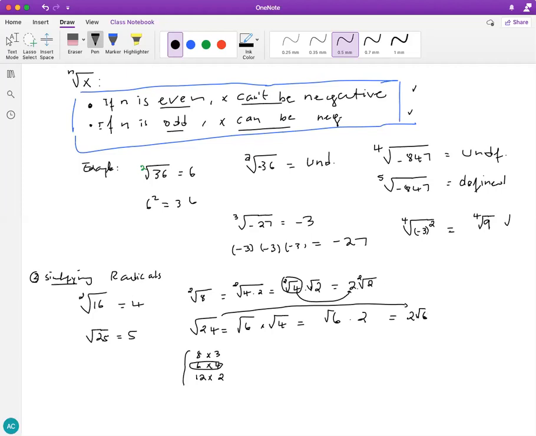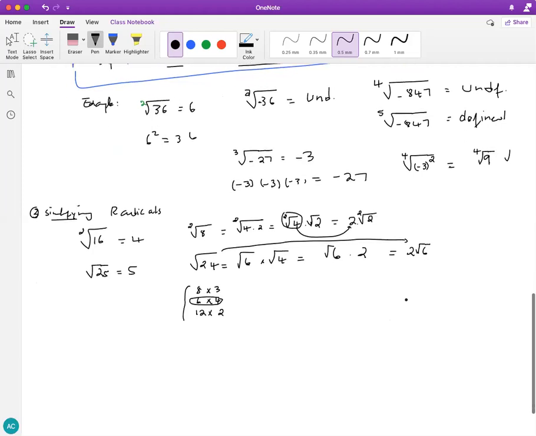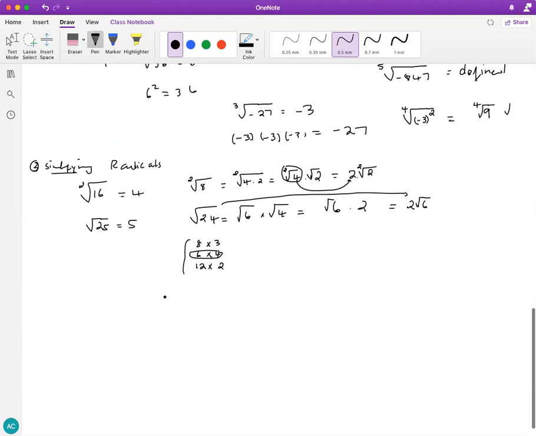You can't do anything else. Even though you can break down the 6 into 2 and 3, it's not going to help. 2 and 3, none of them has a perfect root. So that's the idea of simplifying radicals. We basically try to get the number under the radical as small as possible. So it's up to you to figure out which combination is the best.